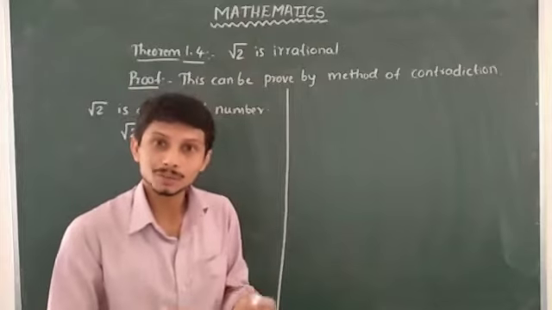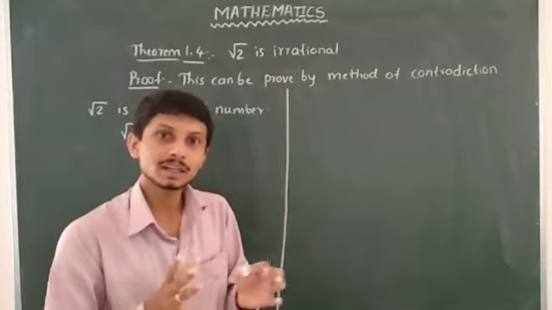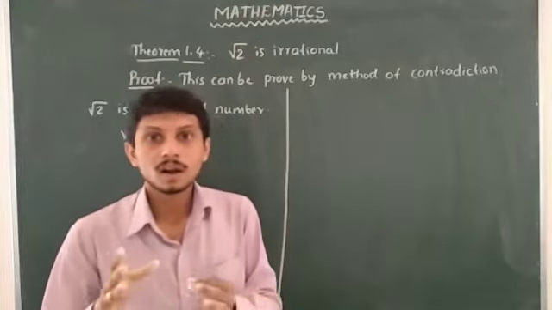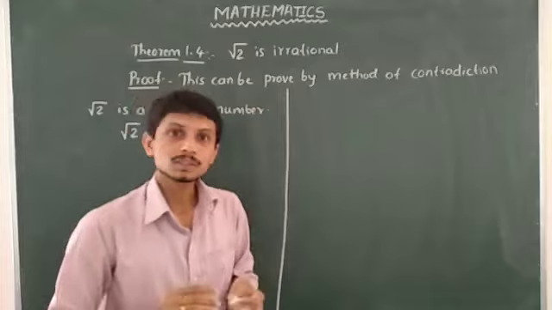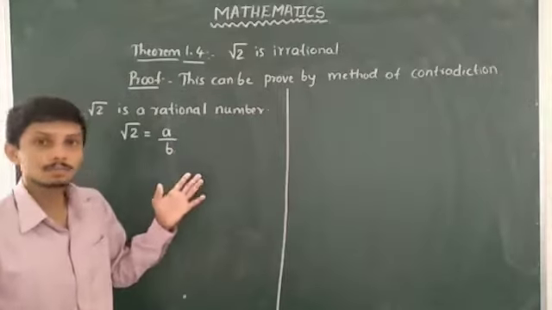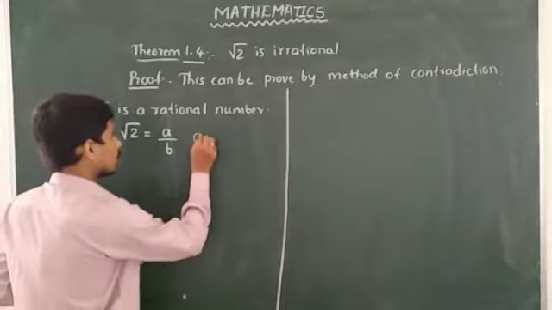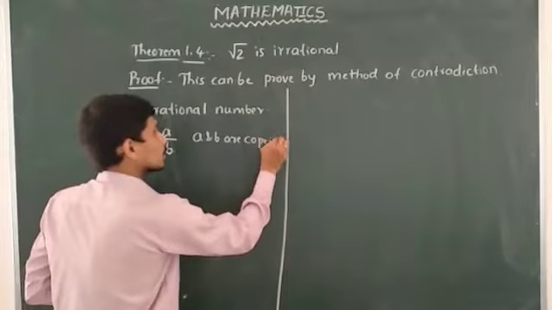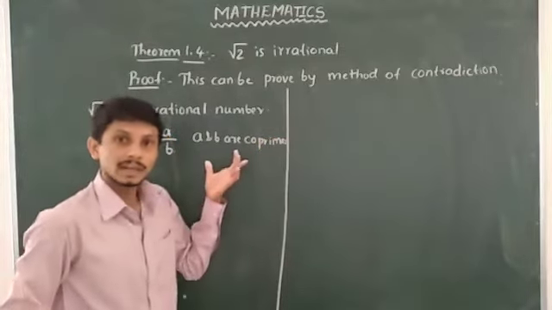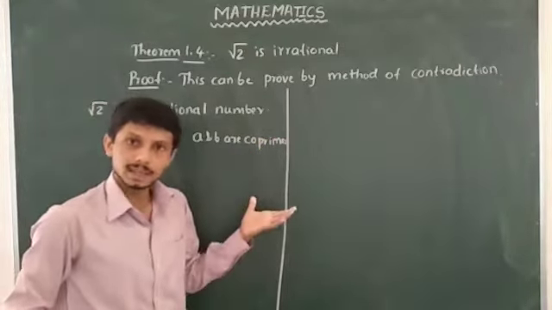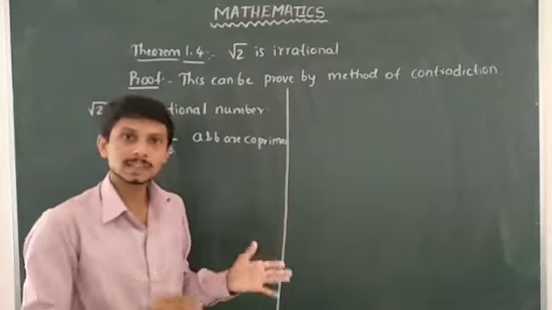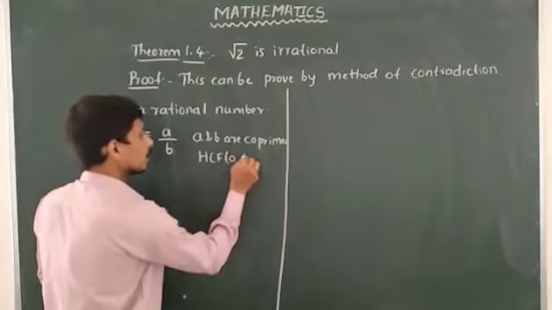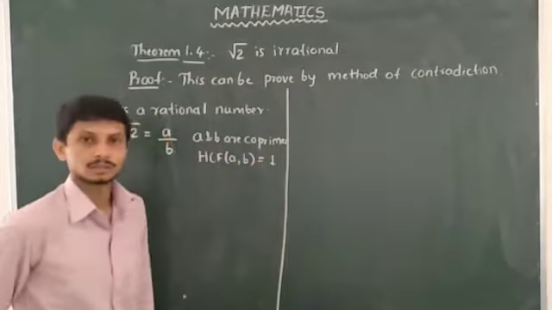That means p and q are co-primes, divisible only by 1 or itself. So here also I am taking a and b as co-primes, so HCF of a and b is equal to 1.